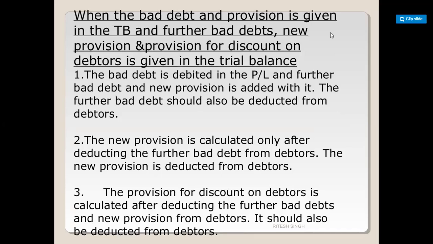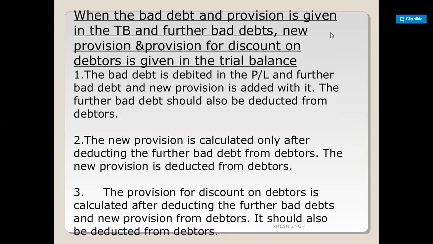When bad debts and provision are given in the trial balance and further bad debts, new provision and provision for discount on debtors are given in the adjustment, here we have a three-step solution. First, the bad debts are debited in the profit and loss account, and further bad debts and new provision are added to it. The further bad debts should also be deducted from debtors.